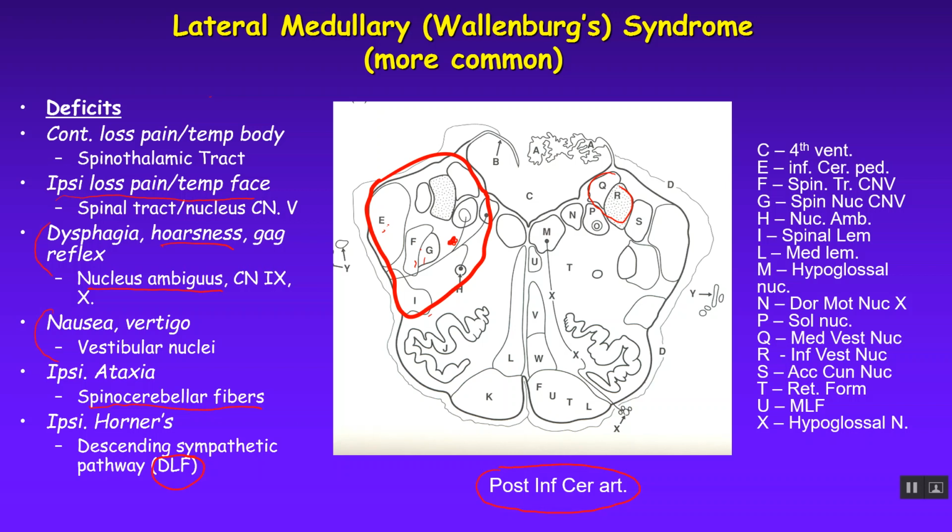It's in the reticular formation, in the tegmentum, and it's not a defined tract, but it's in there. It's a very small tract, but the dorsal longitudinal fasciculus is going down to innervate your sympathetic nervous system and your thoracic spine, and then also down to some of those sacral segments.